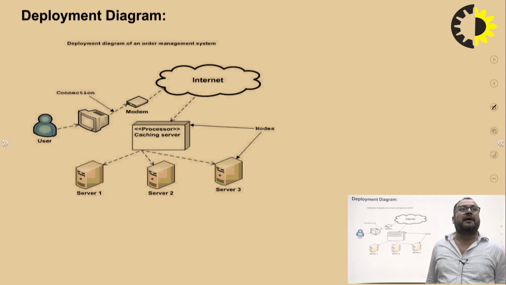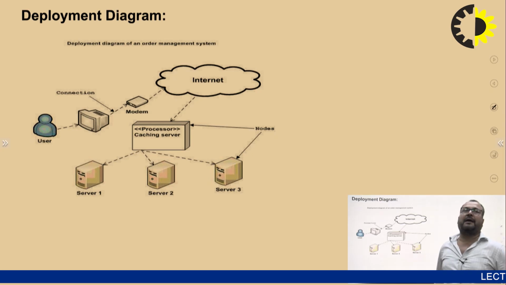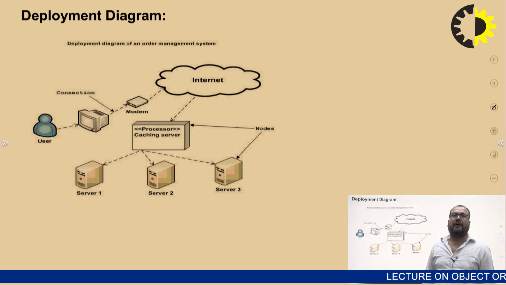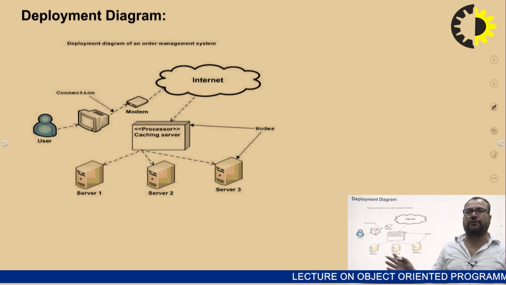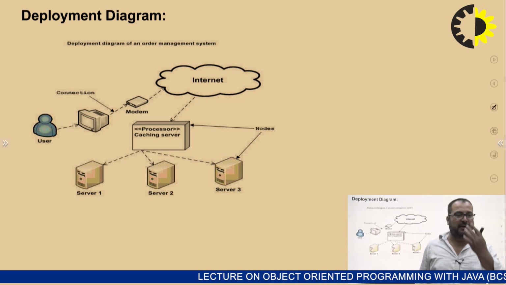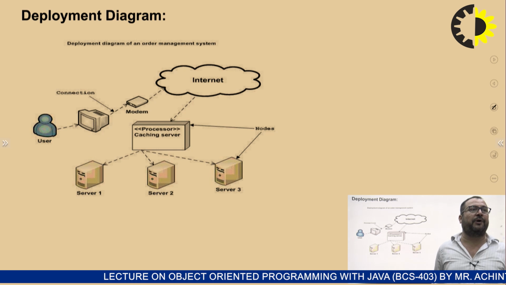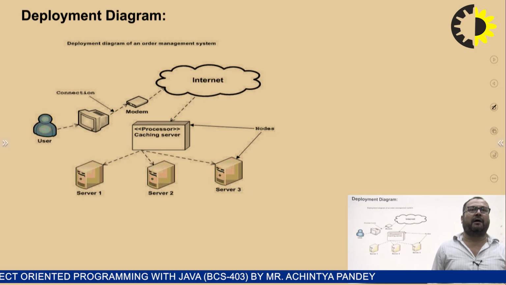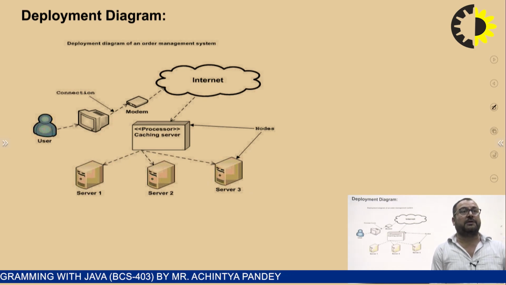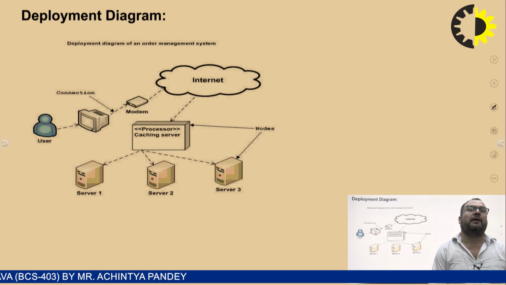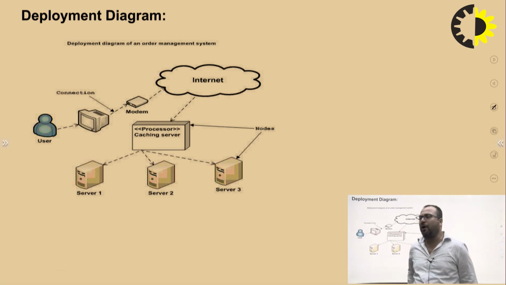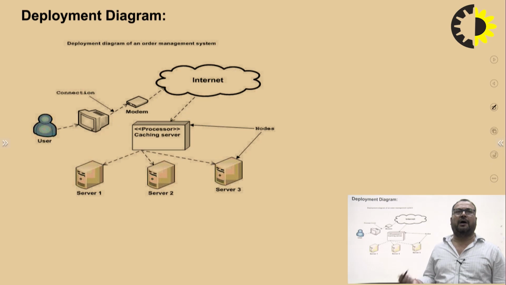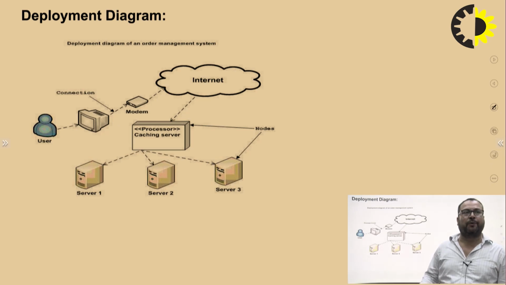Okay. This is the deployment diagram of an order management system. In a deployment diagram, various nodes are to be included, from the user to even hosting that application over the internet. So what are the various components? The user, the system over which the user does the application, the modem, various kinds of servers, and all similar nodes which could be used, they just come under the deployment diagram.